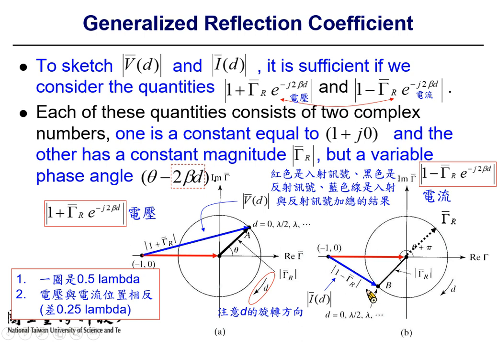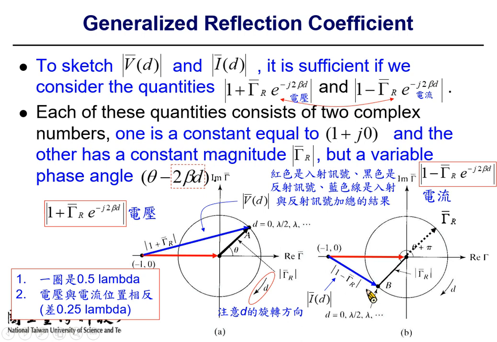Okay, so another thing that I would like to point out here is, because as I already said, the phase delay is the round trip result. So the so-called voltage variation pattern and current variation pattern will be in a period of half wavelengths, because 2 times of half wavelengths will be 1 wavelength.